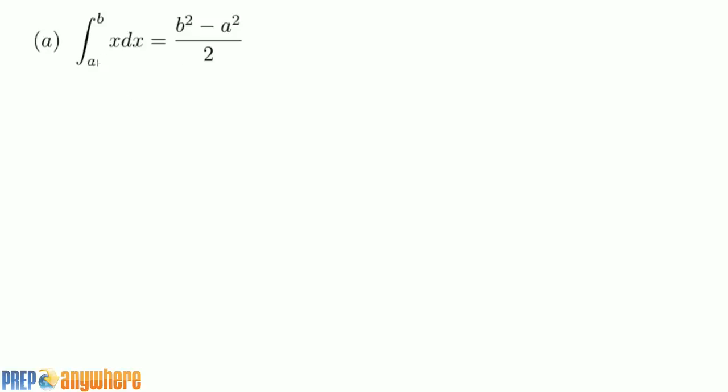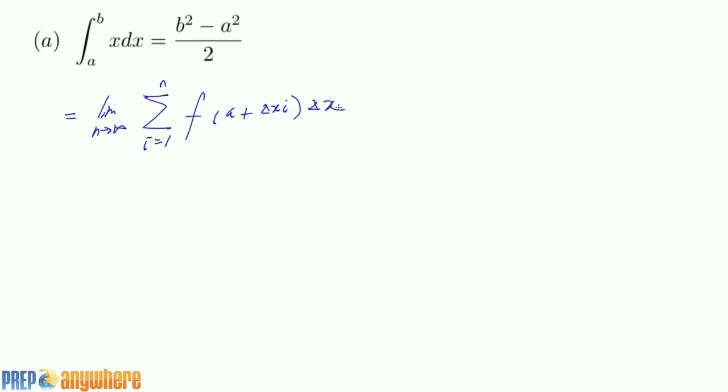So we want to prove the integral from a to b of x dx is equal to (b squared minus a squared) over 2. So by definition, this means the limit as n approaches infinity. And if you use the right-hand point, we get the function at a plus delta x i, right?